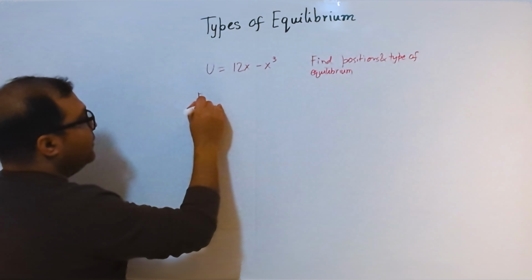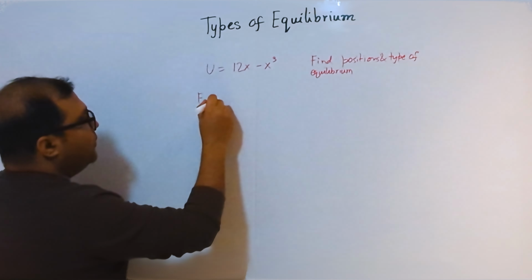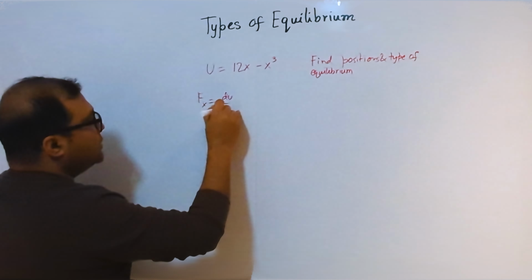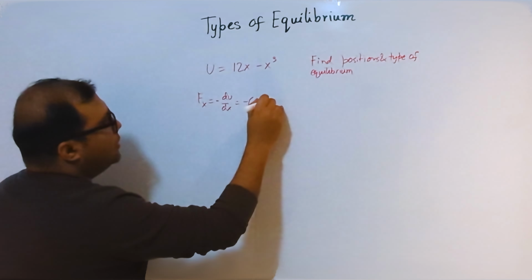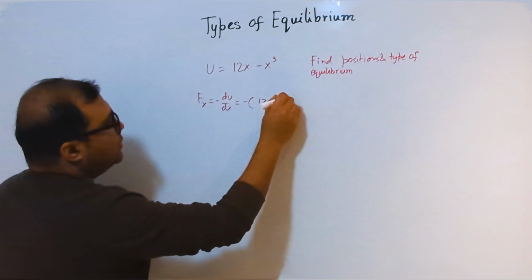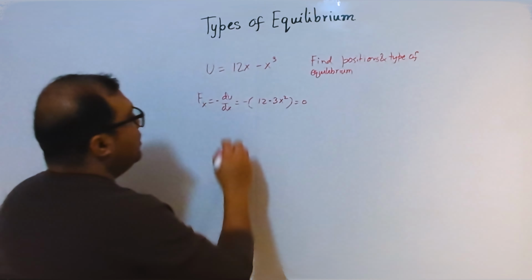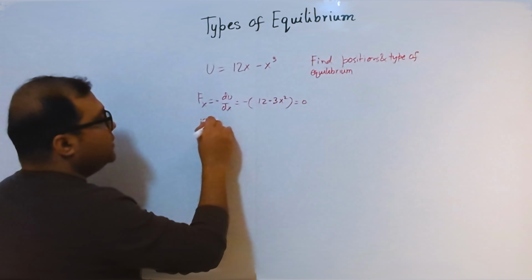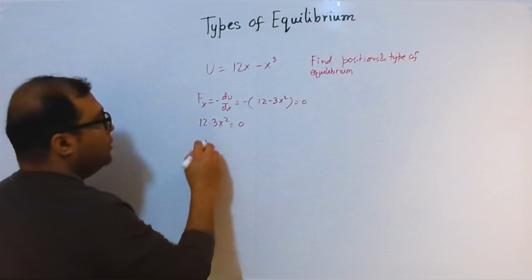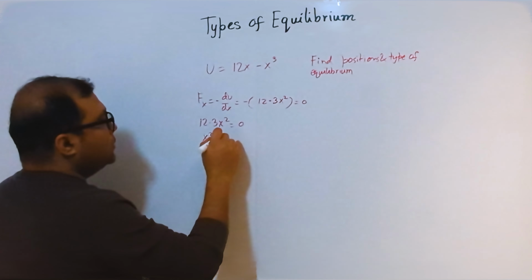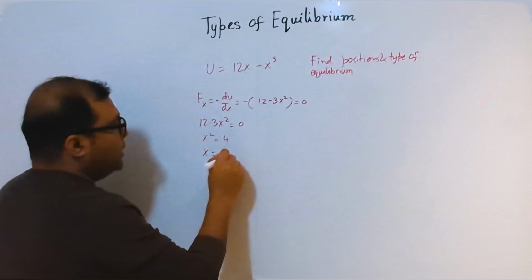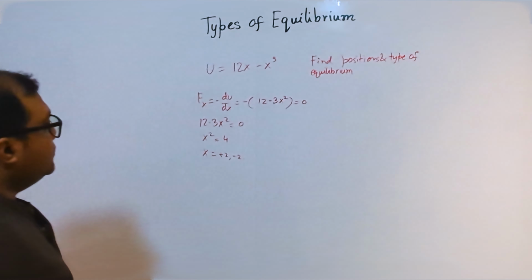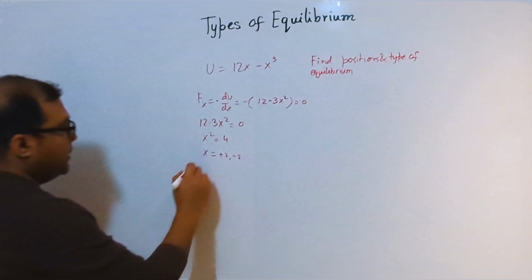Condition is Fx should be 0. Fx is minus dU dx. So minus of 12 minus 3x square should be 0. Or we can write 12 minus 3x square is 0, or x square is 4. So x is equal to plus 2 and minus 2. So these are the two positions of equilibrium.